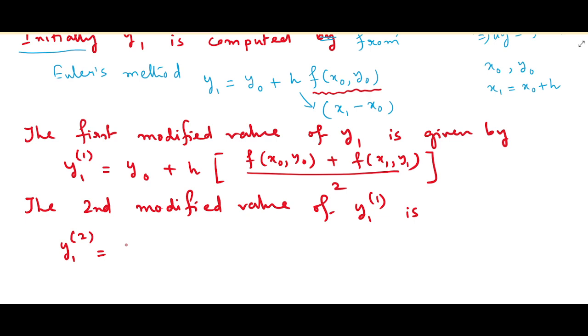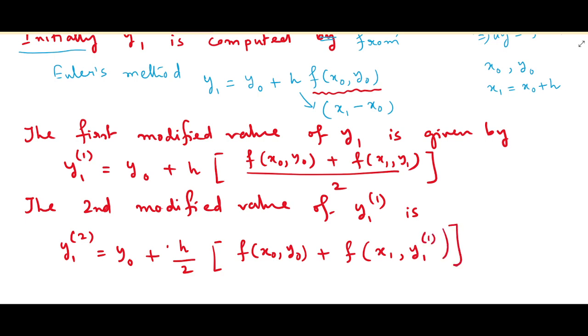It's again y naught plus, you can take 2 outside, h by 2. First term will be the same, f of x naught comma y naught, plus f of x1 comma y1 to the power 1. See, the only change is in the last term, y1 to the power 1. The modified value we are putting here.